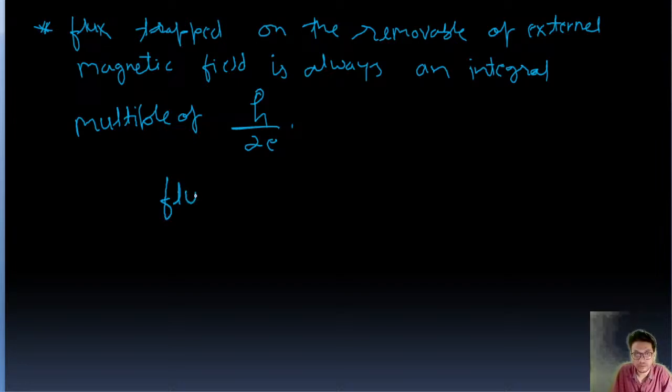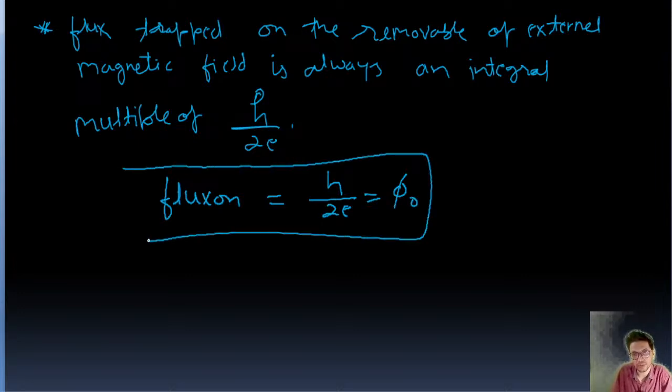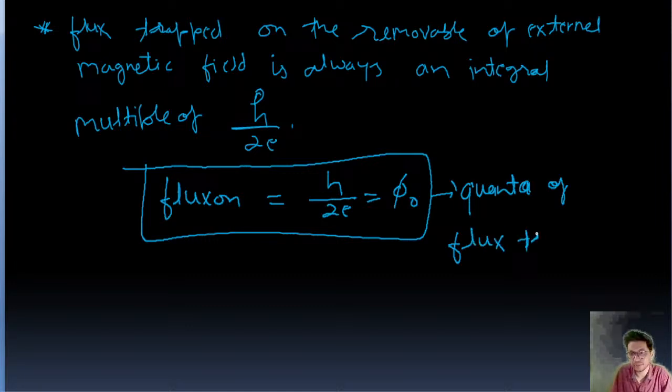This h upon 2e is called the fluxon. Okay, or we can denote it by phi naught. This is important. Phi naught is also called the quanta of flux trapped.